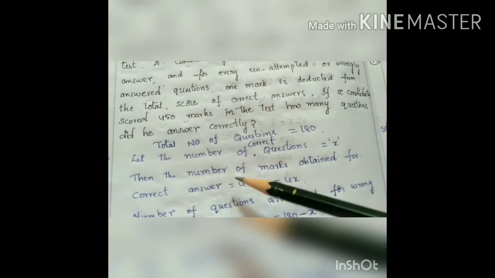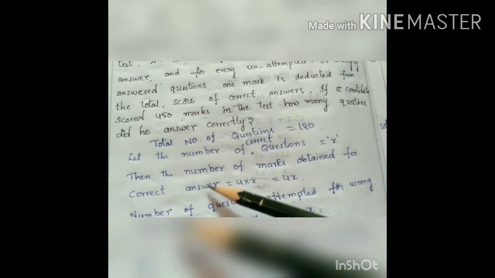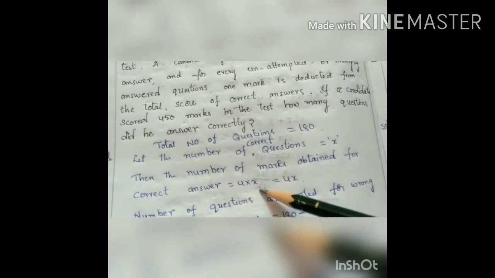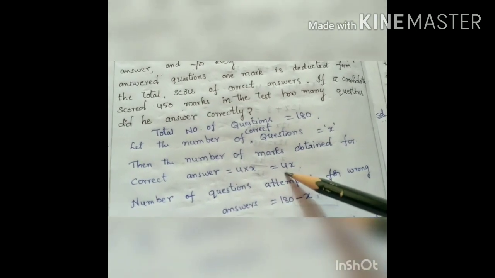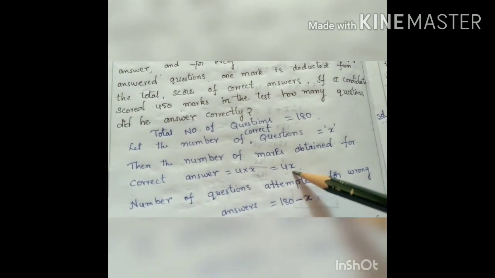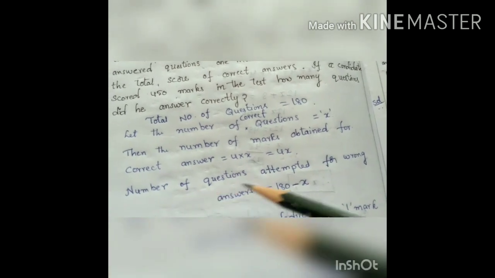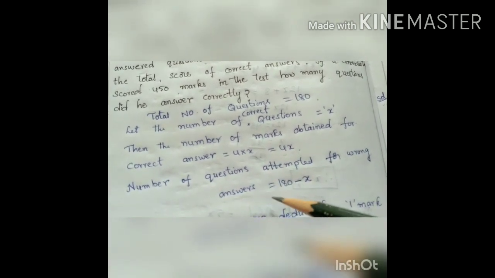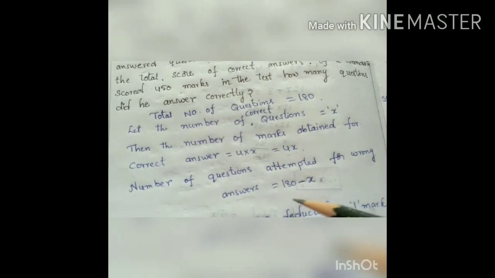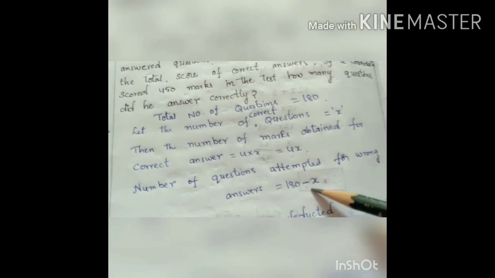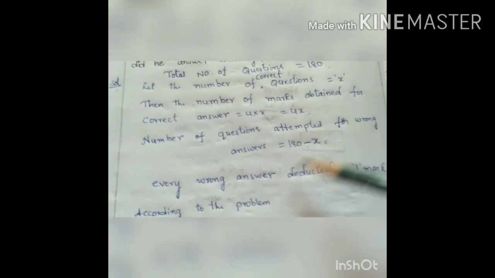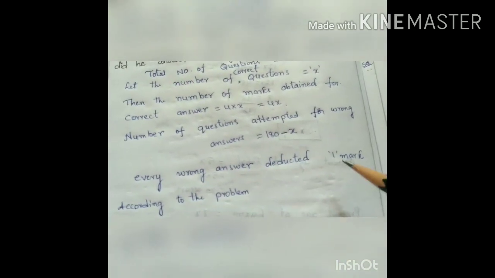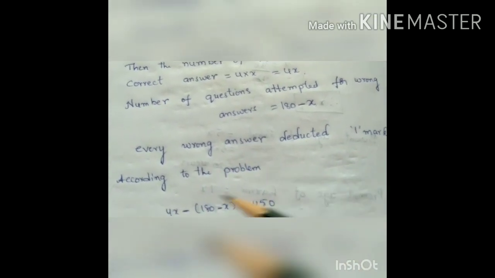The number of marks obtained for correct answers is 4 into x, since every correct answer is 4 marks, so 4x. The number of questions answered wrongly equals 180 minus x, because 180 is the total, minus x is the remaining wrong answers. Every wrong answer deducts 1 mark.